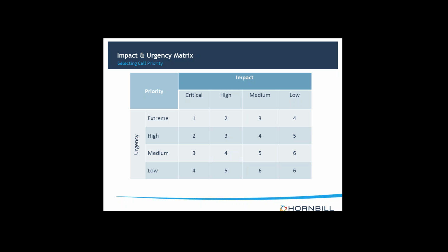A good example of an incident being logged using impact and urgency is if the payroll system is affected. If we're logging the call towards the end of the month, just before payroll is being run, it's going to affect everybody in the business, and it's pretty urgent, because at the end of the day we all like to be paid.